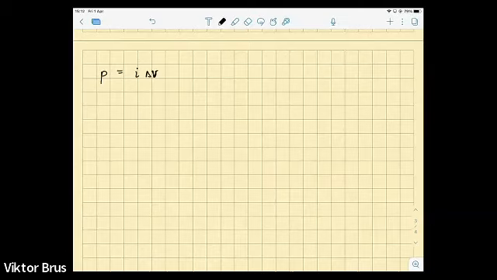So in general, for an RLC electric circuit, we can write that it will be I maximum times sine of omega t minus phi, that stands for the instantaneous electric current.